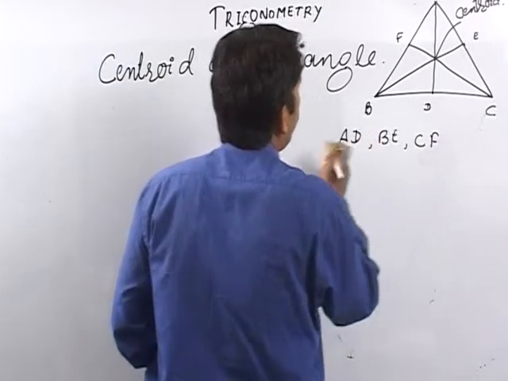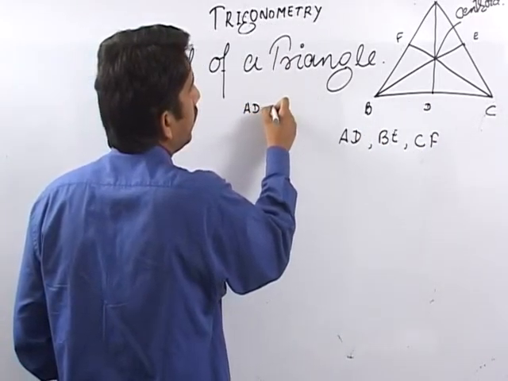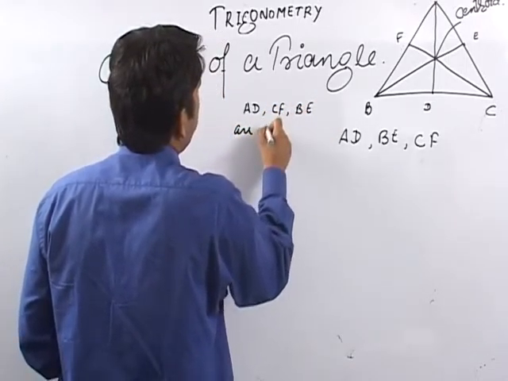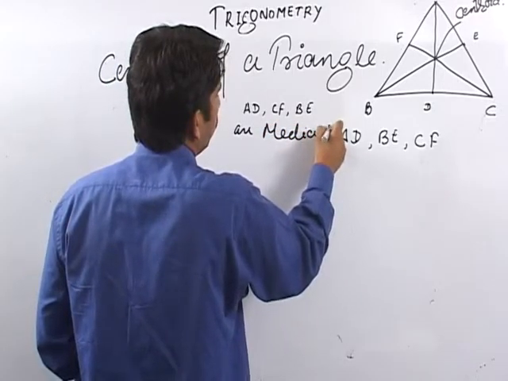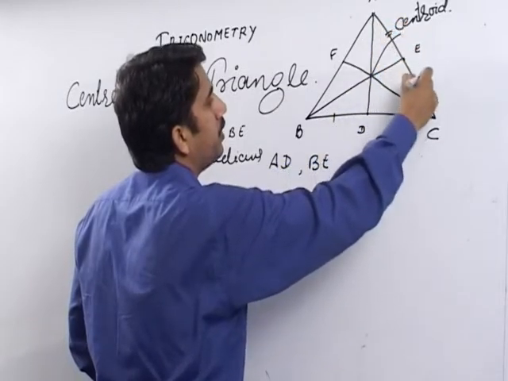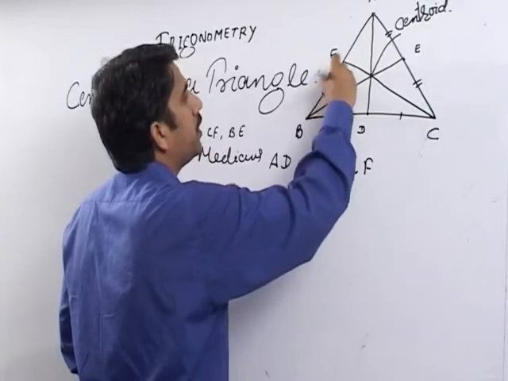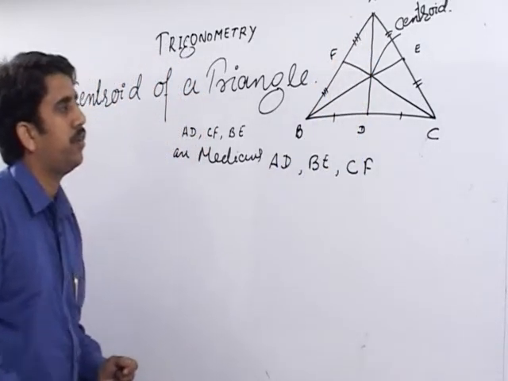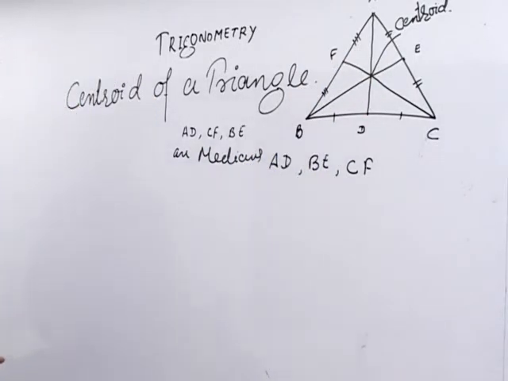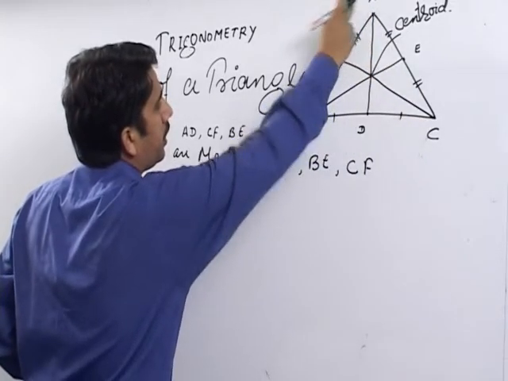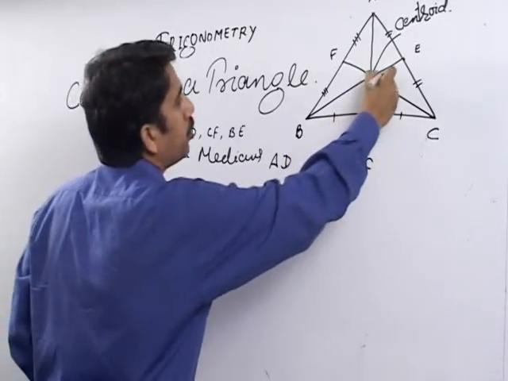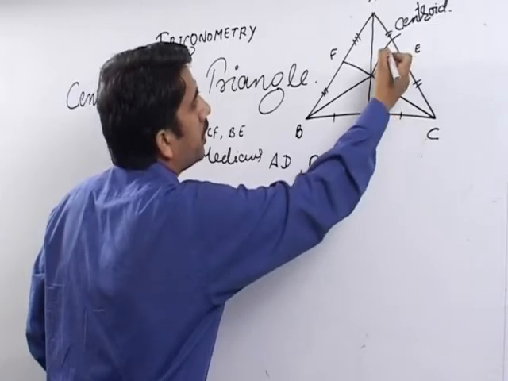So AD, CF and BE are medians, and BD is equal to DC, AE is equal to EC, and BF is equal to AF, because points D, E, F are midpoints of the sides BC, CA and AB respectively. Now, let this point be denoted by, let it be O.